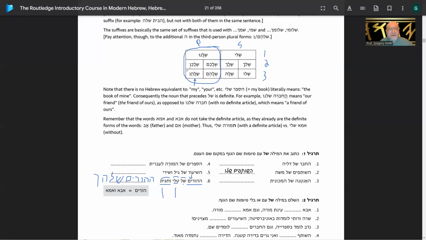Okay, because this side here is them, and it's feminine plural. Shall hen. All right. So we should have, aha, I was right. All right, good. Hahorim shall hen. And so that means that Tali is a girl and Hagit is a girl.